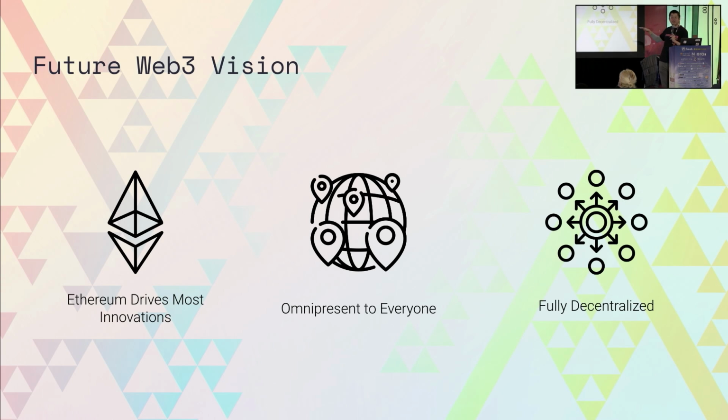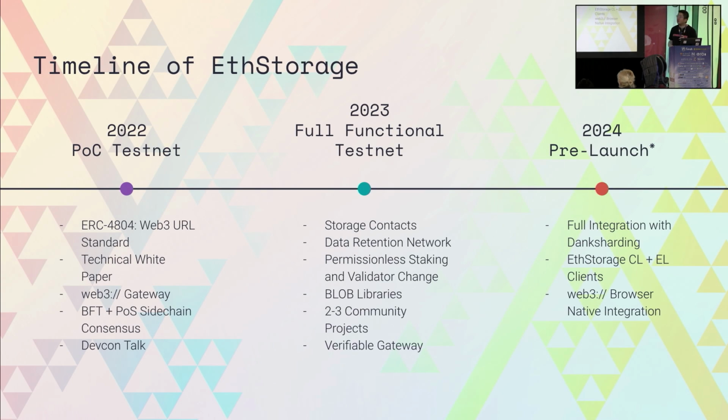And it's fully decentralized. From the front end, we have Web3, to the application logic with Ethereum layer 1 and layer 2, and EthStorage as the underlying storage layer to solve this storage issue. And here is a timeline of this storage.